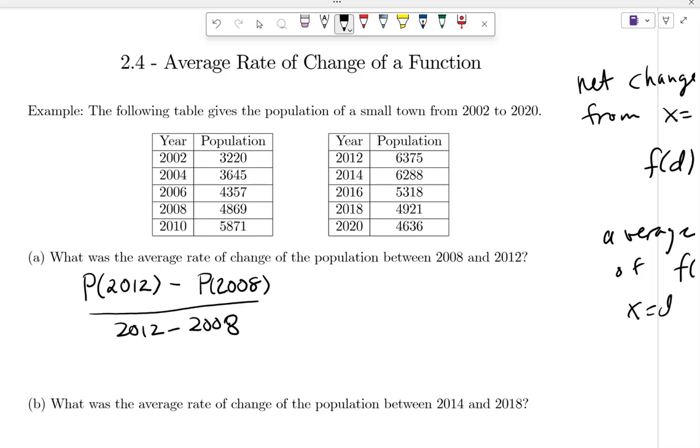We should be able to read those populations off the table. What was the population in 2012? Yep, 6375. Population in 2008 is 4869. And then if I subtract in the denominator, we get 4. It's 4 years from 2008 to 2012.